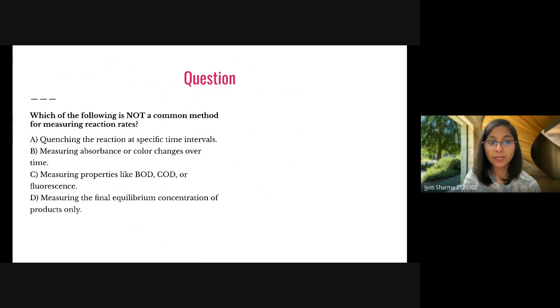The first is quenching the reaction at specific time intervals. Option B is measuring absorbance or color changes over time. C is measuring a property like BOD, COD, or fluorescence. D is measuring the final equilibrium concentration of product only. So what do you think? What should be the answer? How can we measure the reaction rate?